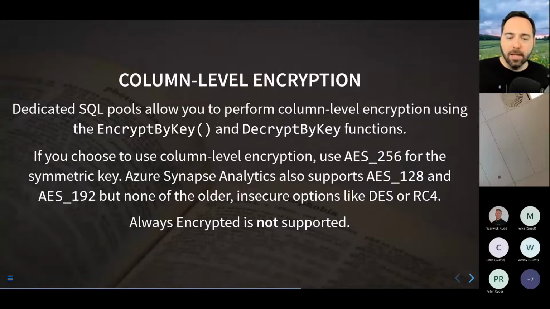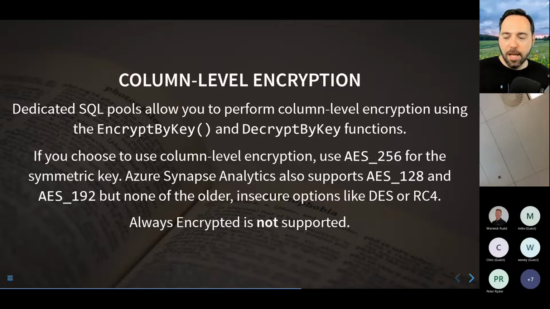Within a database, if there are specific columns that you want to encrypt, you can use column level encryption. This is the old SQL Server 2000 style of column level encryption using encrypt by key and decrypt by key functions. Now, I say that it's old SQL Server 2000 style, but there's a little bit of a twist here.